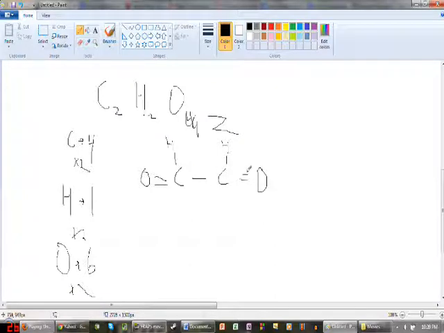So the carbons have an octet, as you can see. 1, 2, 3, 4 of its electrons have been shared, and then it has received 4 electrons from the other ions. And then hydrogen is an exception to the rule. It has 2, which fills its outer orbital with 2 electrons.